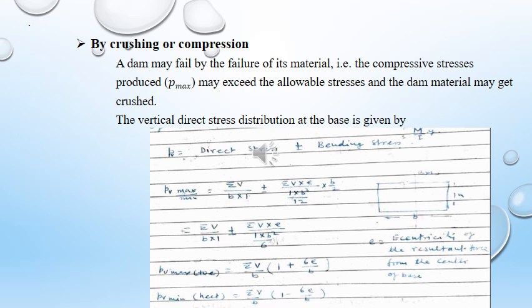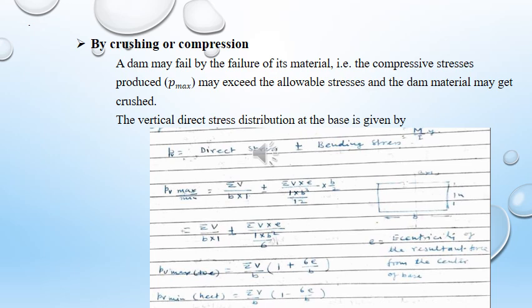So, the vertical direct stress distribution at the base is given by the equation: P_b equals direct stress plus or minus bending stress. This bending stress means the bending moment M upon I into y.